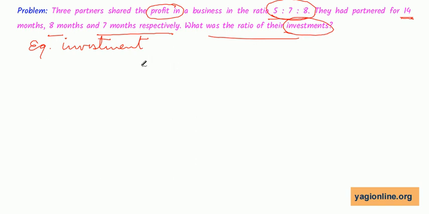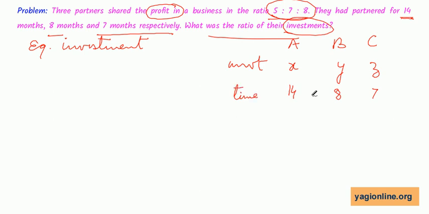Because there are 3 partners, say A, B and C, let their investment be x, y and z. And then they partnered for 14 months. So A partnered for 14 months, B partnered for 8 months and C partnered for 7 months. So this is the time.